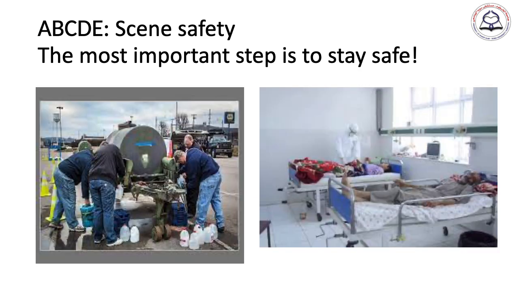When there is gas spill or chemical spill, you have to maintain the safety for all of the people there. And in hospital, in healthcare system, it's about the standard precautions, especially during outbreak. So you need to maintain the appropriate standard precautions and personal protective equipment whenever needed.